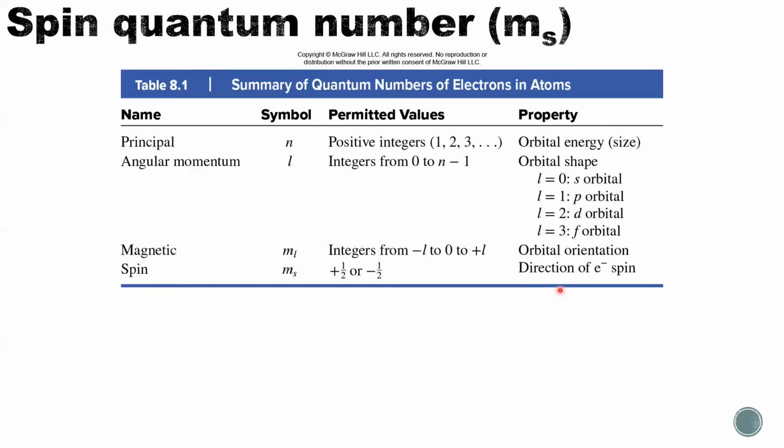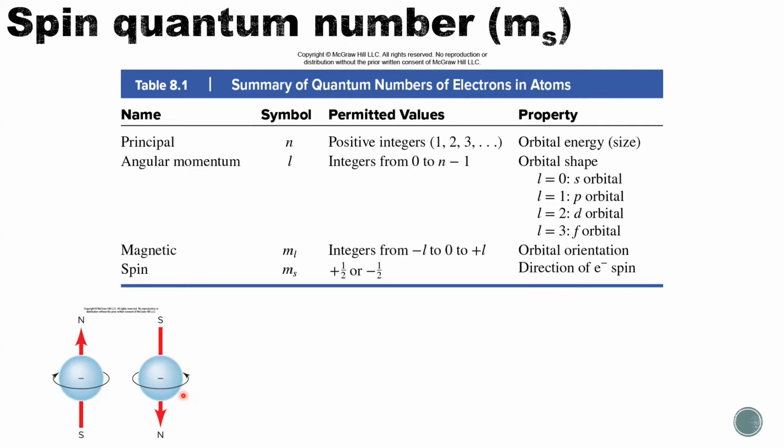Electrons move freely in an orbital, but they can also have some self-spin. They have 2 different directions of spin, clockwise or counterclockwise, or as we usually call them, spin up and spin down. Up and down correspond to either positive half or negative half.